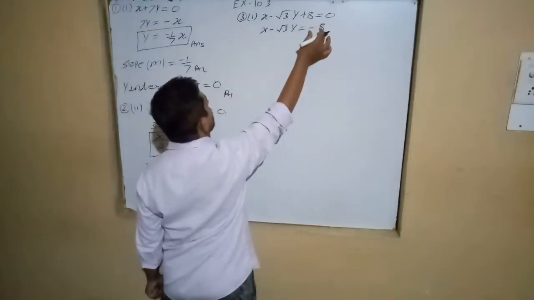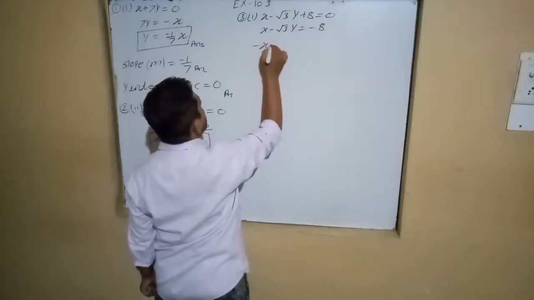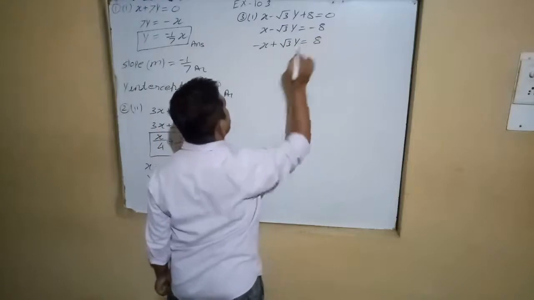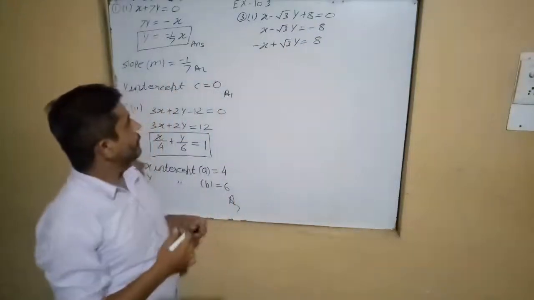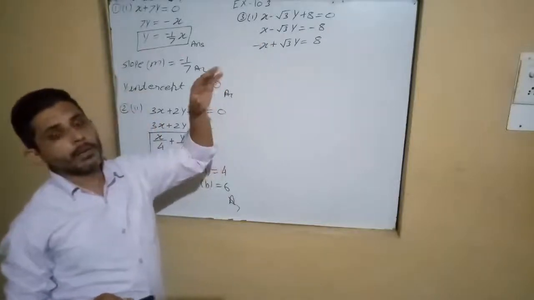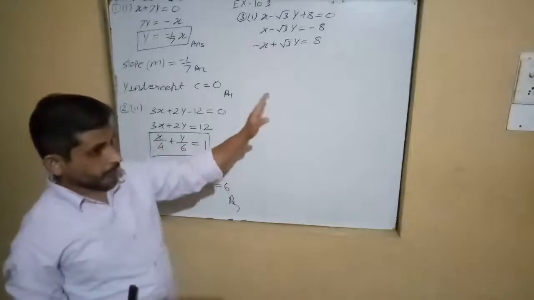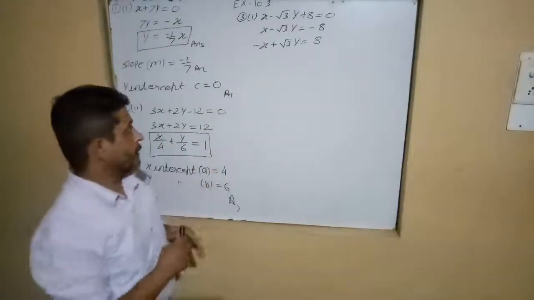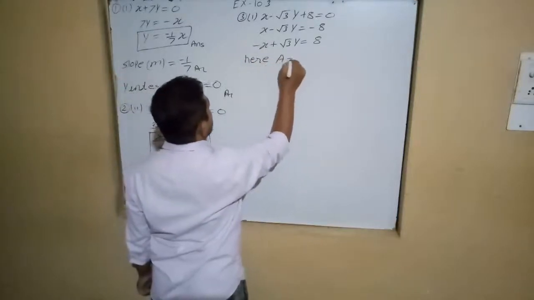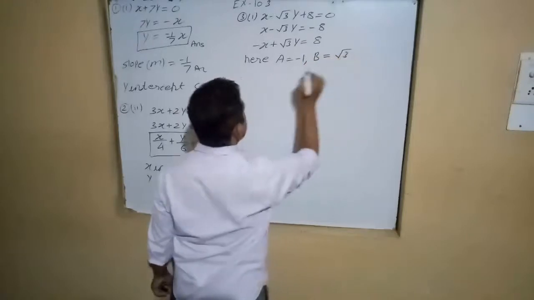Now when we convert this into the positive form, we will get minus x plus root 3y is equal to 8. So this is the general form of the equation, and when we convert it into the normal form, we have to divide by root of a square plus b square. So first we write a is equal to minus 1 and b is equal to root 3.